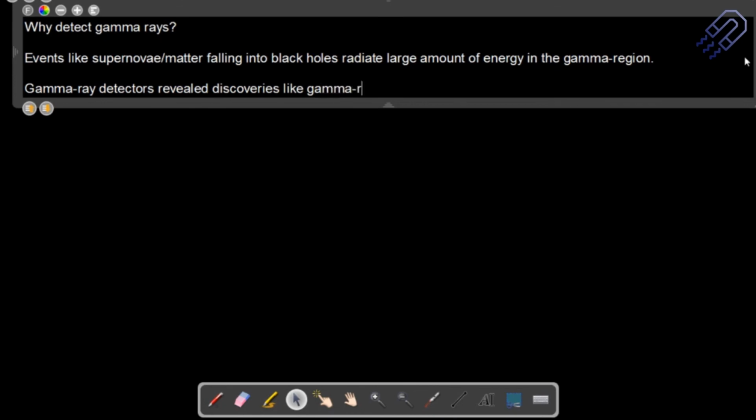With these supernova explosions, there is something which happens called gamma ray bursts, and these were detected and established using gamma ray detectors. Long back, when scientific instruments were not that developed, people didn't know that there was gamma ray radiation coming out of a supernova explosion, but with gamma ray detectors this became possible.